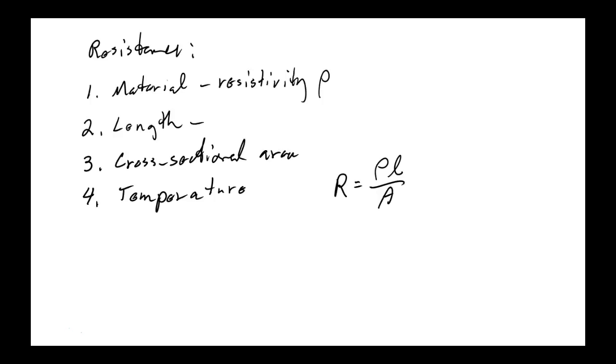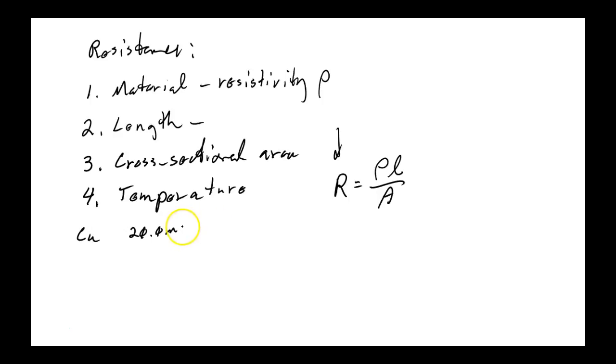Now, here's what example 1 is asking. Find the resistance, R, of a copper wire. So you've got a copper wire, 20.0 meters long. That's one long copper wire.